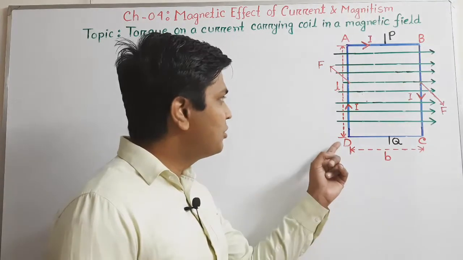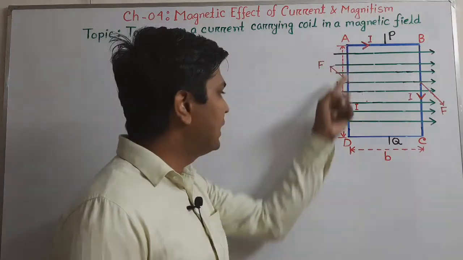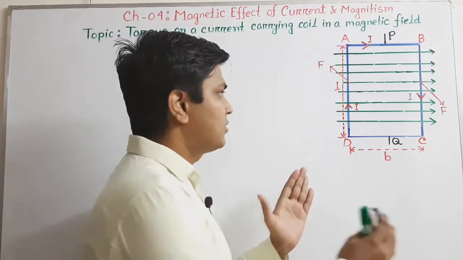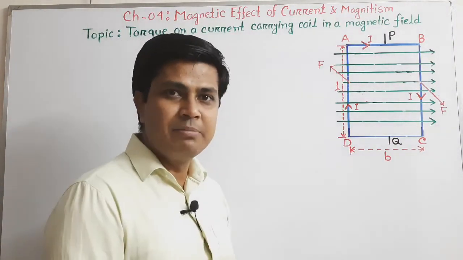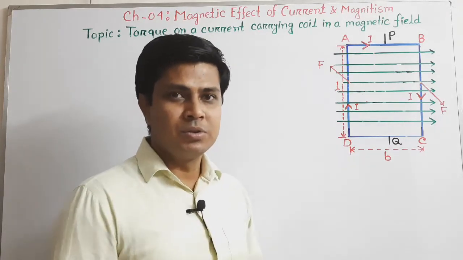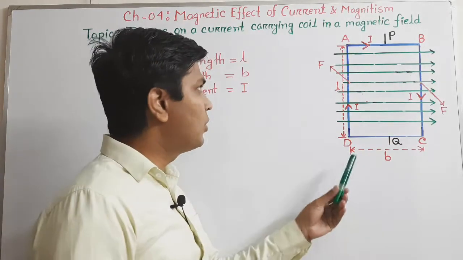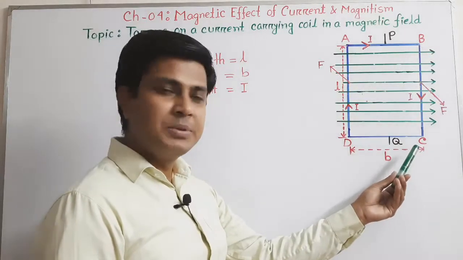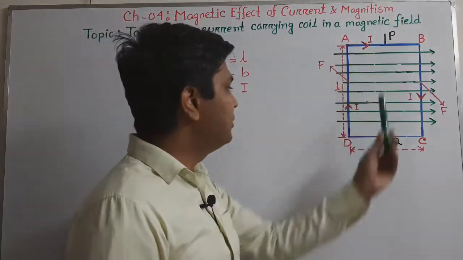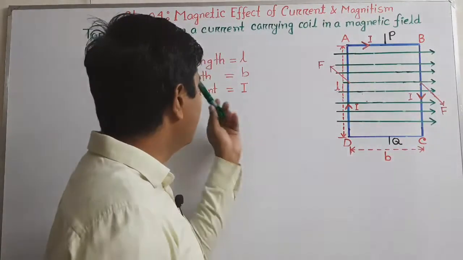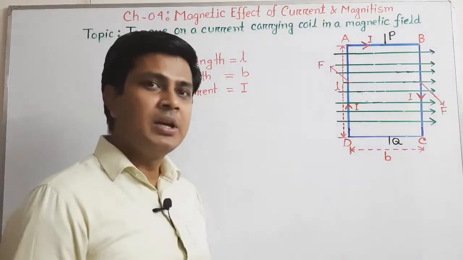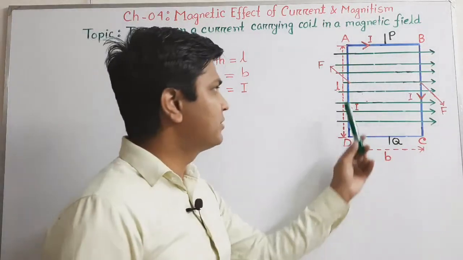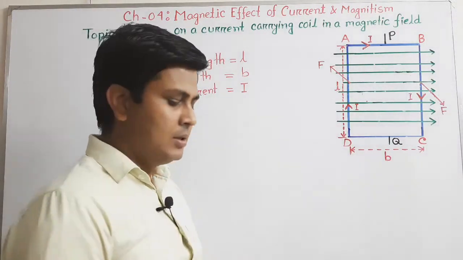Due to the flow of current in DA and BC, the solenoid or the rectangular shaped coil turns around. In the rectangular shaped coil, AD or BC represents the length, and AB or DC is the width of the coil, and I ampere current passes through each of the sides of the coil.